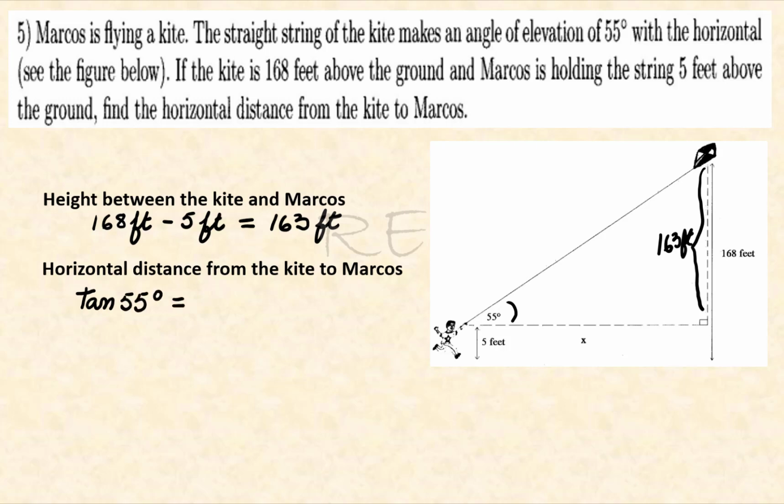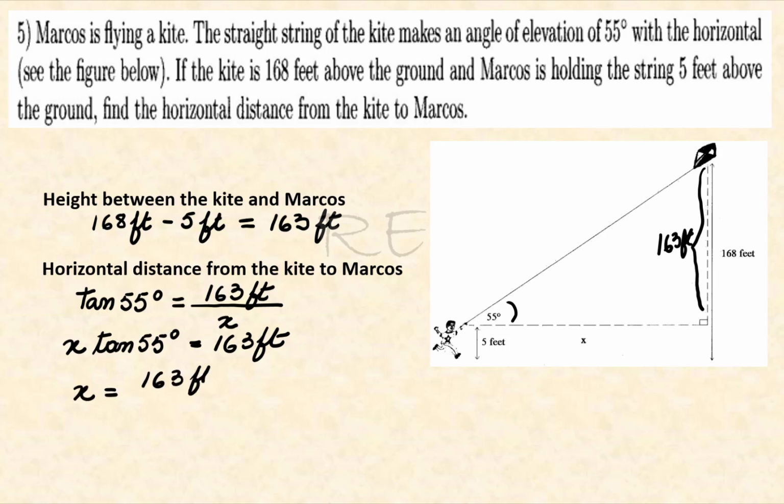Tangent 55 degrees is equal to 163, which is the opposite side, divided by x, which is the adjacent side that we're looking for. So when we cross multiply, x times tangent 55 degrees is equal to 163, and x is equal to 163 feet divided by tangent 55 degrees.